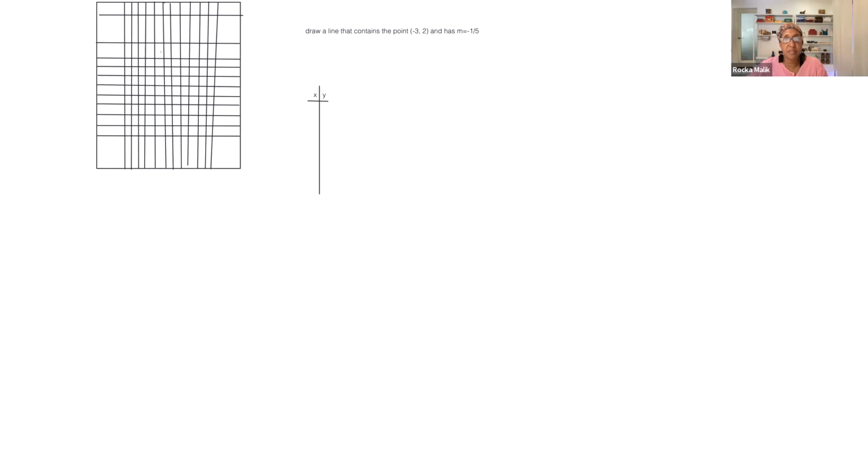I like to see my slope this way, -1/5, so that the minus is clear for me and I know what's the top, what's the bottom. So I'm gonna plot this point, -3, 2. I'm gonna put my 0 to be here, just because I want to.